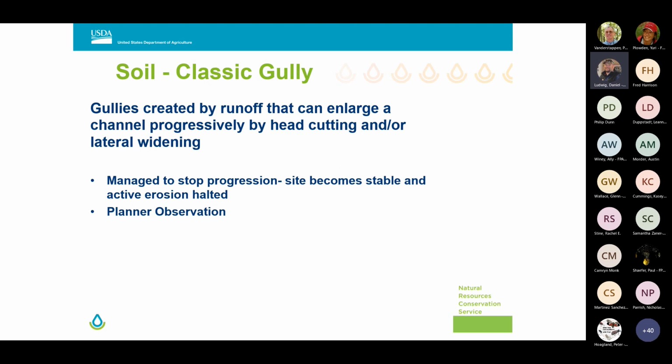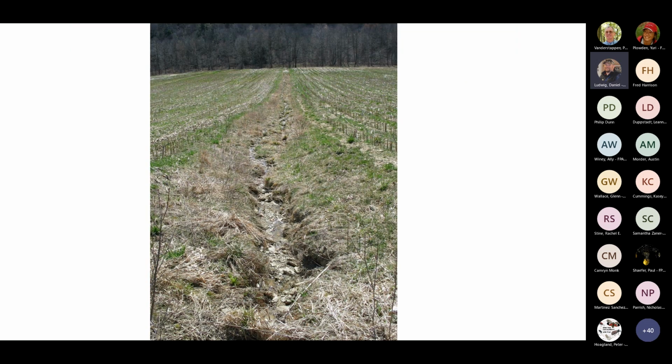Okay, classic gully erosion. We've got that definition, we've seen the picture of it, and essentially to meet that resource concern, it's being managed so the site becomes stable and that active erosion is halted. I was going to come up with a better word, but anyway. Typically for classic gullies, we may solve that with grass waterways and some diversions, but typically to treat that classic gully, we're implementing a system of practices that keeps that resource concern from coming back or persisting.